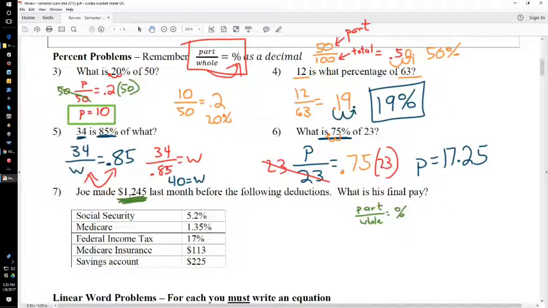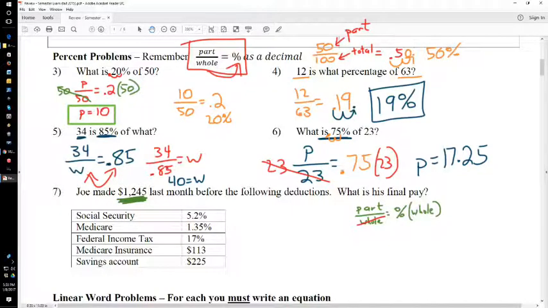If I move that over, the part equals the percentage times the whole. So I just take my whole, multiply it by the percentage, and see how much that is.